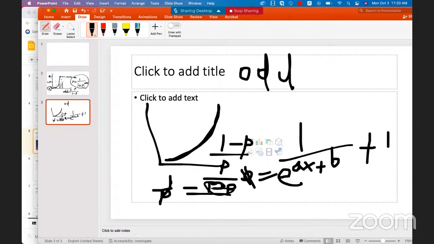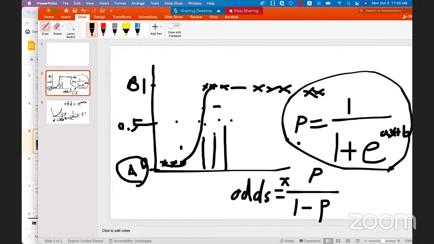You can get the equation of the odds with the x. So this is the relationship of x and the odds, and then with the odds you get the equation of the P. So it's just a process to calculate the P, and you need to know this.